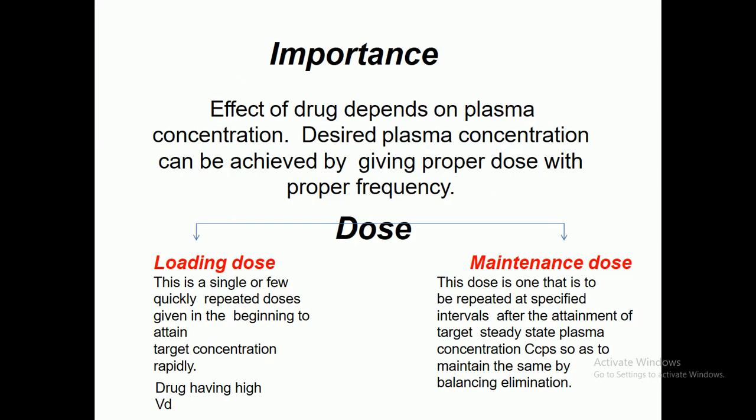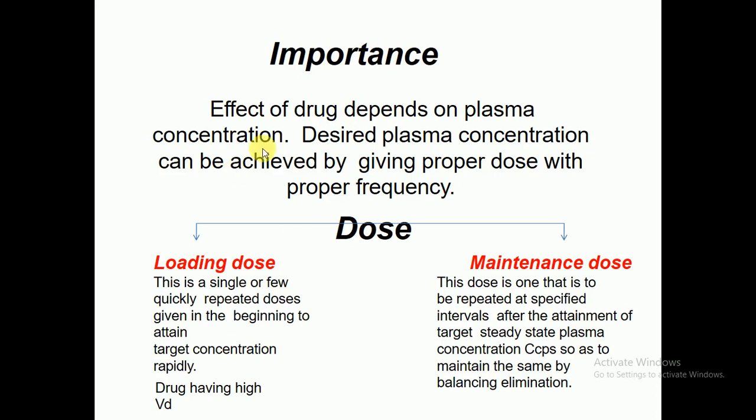Now these are some important terminologies before starting to calculate the different doses. We must know about all these terminologies related to pharmacology. So look here, what is the importance of dose? Why are we calculating different types of dose?